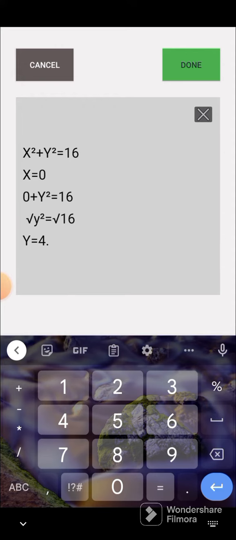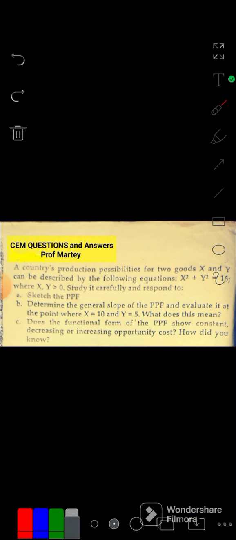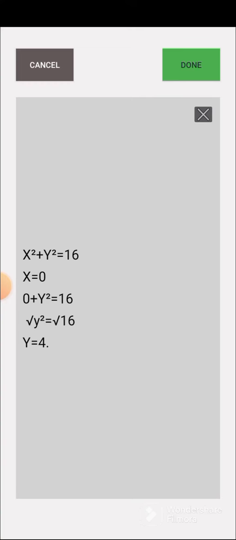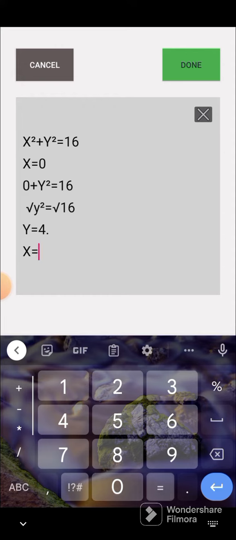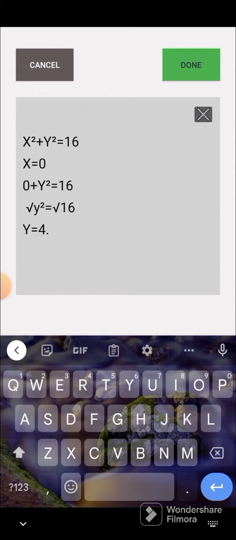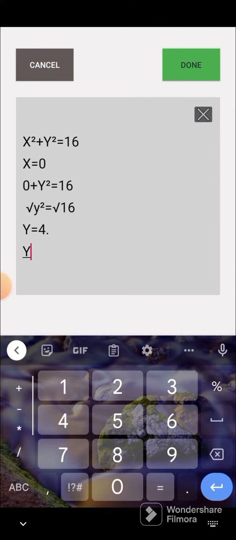Then how do you find the intercept of x? You put y into 0. So to find the intercept for x, you put y into 0, then you solve for it. So our y becomes 0.